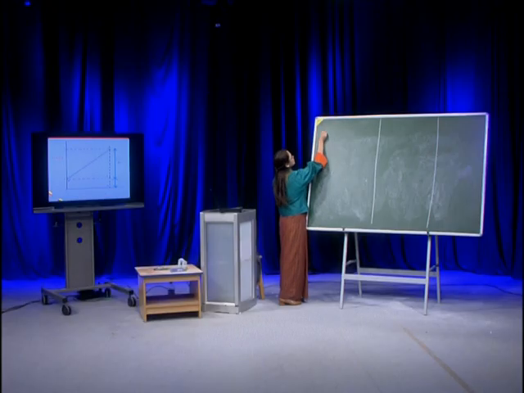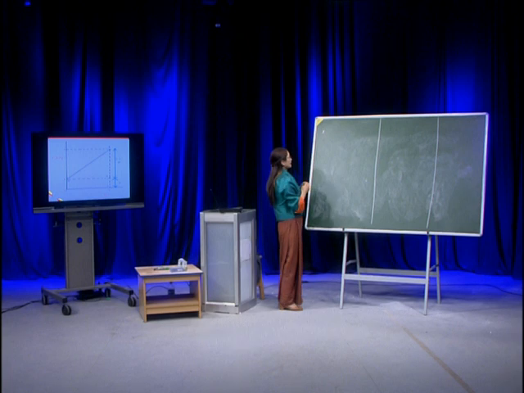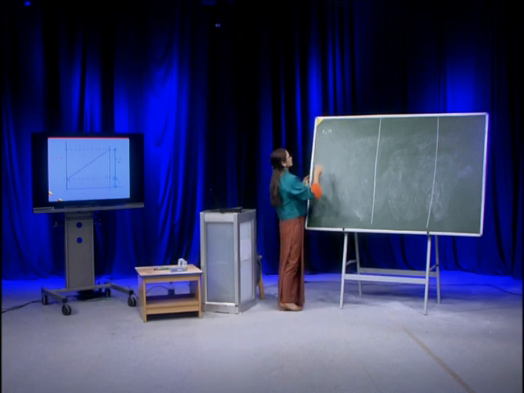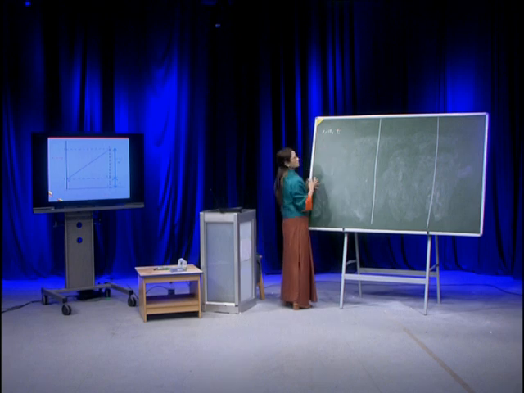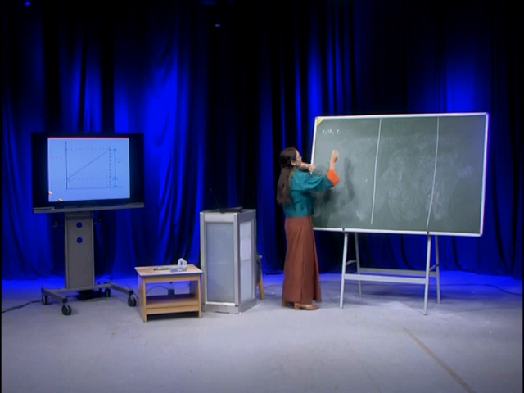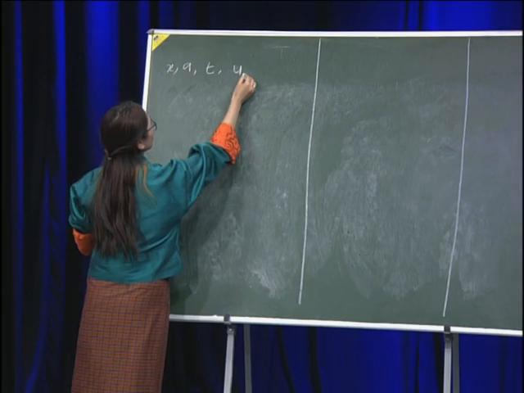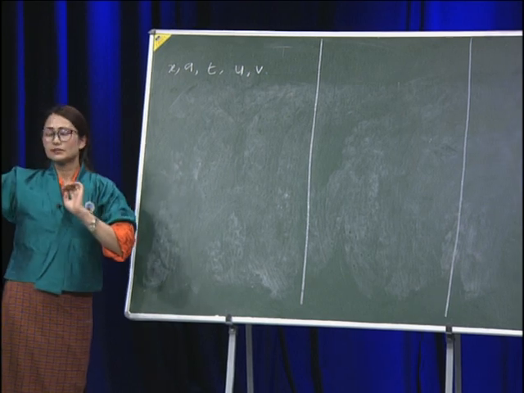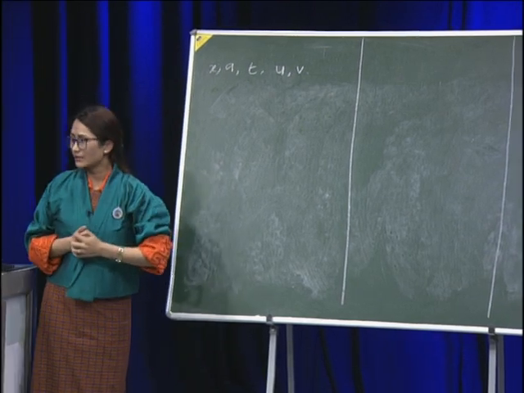So we have the variables here. First one is the displacement traveled, x. Second one is the acceleration of the body. The third one is the time taken, which we are going to consider as t seconds. And it has its initial velocity u and its final velocity v, using the graph on the screen here.